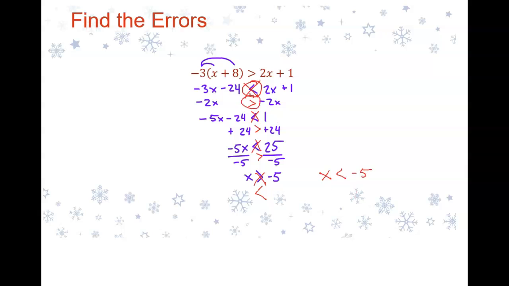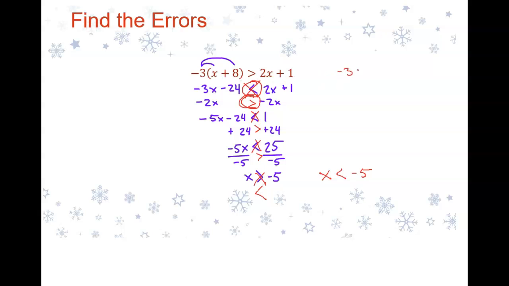So you can see the only error they really made was this very first step. They flipped the sign when they shouldn't have. But it carried through to the whole problem. We actually had to flip the sign every step thereafter to make it consistent. Another way that might have been less confusing than flipping the sign every time is we might have just solved this again.